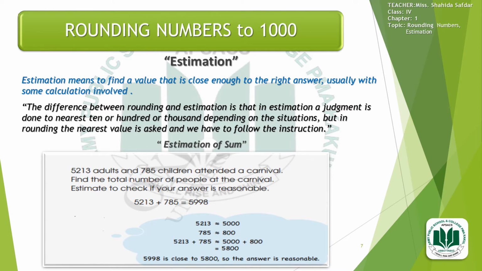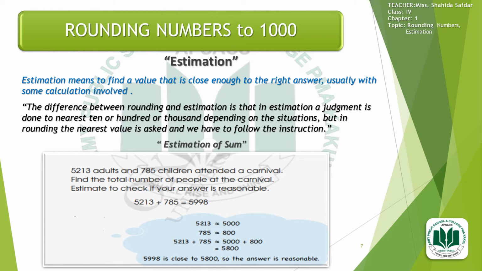We have already learned rounding off. Now, based on the same concept, we will understand what is estimation. Students, estimation means to find a value that is close enough to the right answer, usually with some calculations involved.